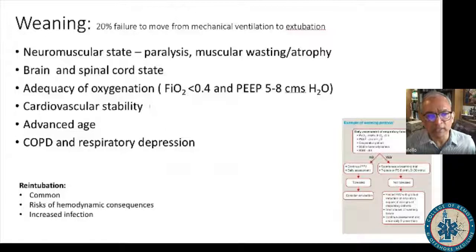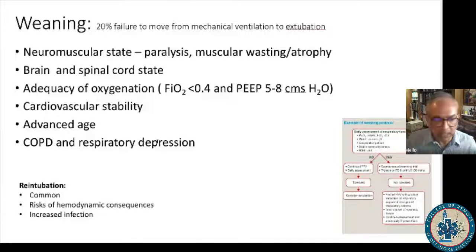And one aspect of this is that if you've got increased fluid retention, that's going to make extubation more difficult.